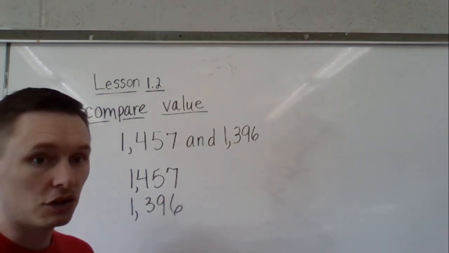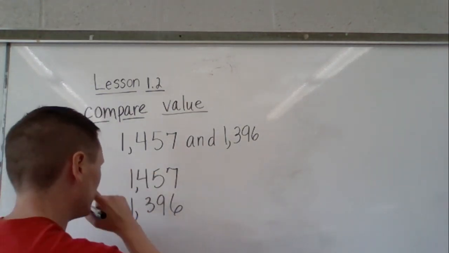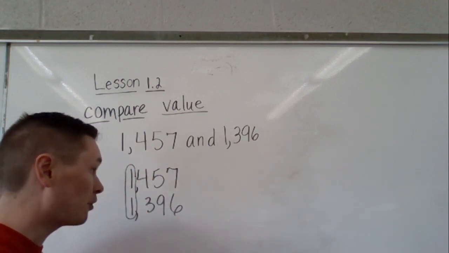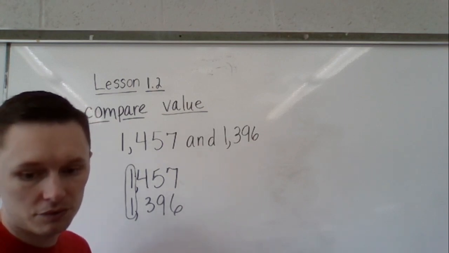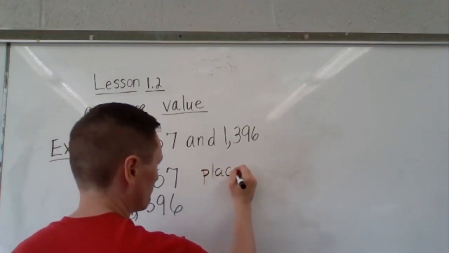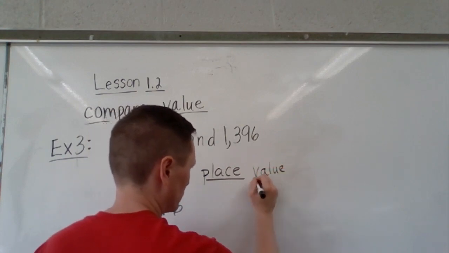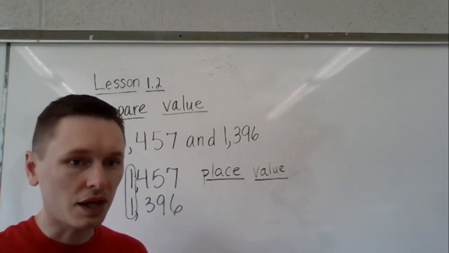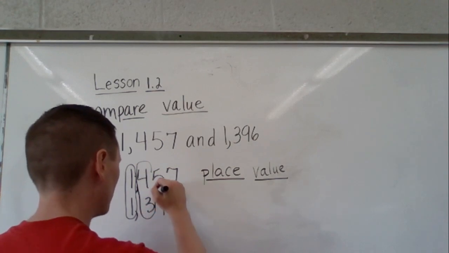Okay, so I'm going to look at the first column, and I notice in my thousands place, these are the same number. So since these are both the same number, I move on to the next place value. Then I look at my hundreds place, and I notice that, oh, look, they're not the same.